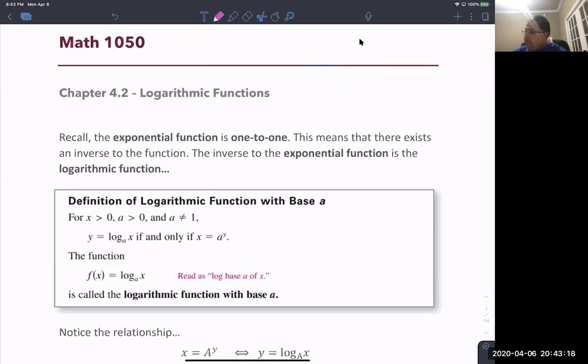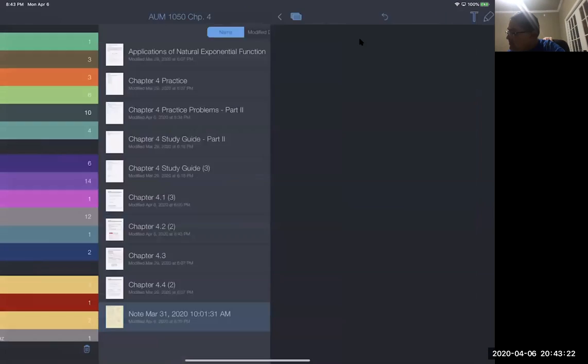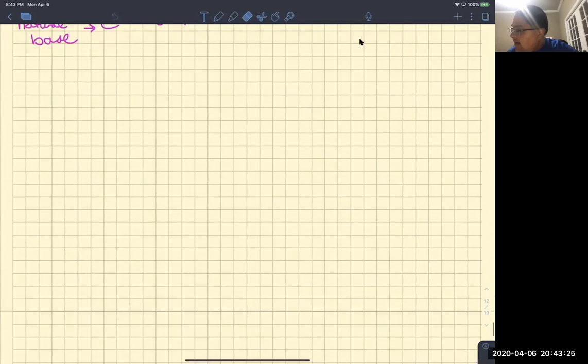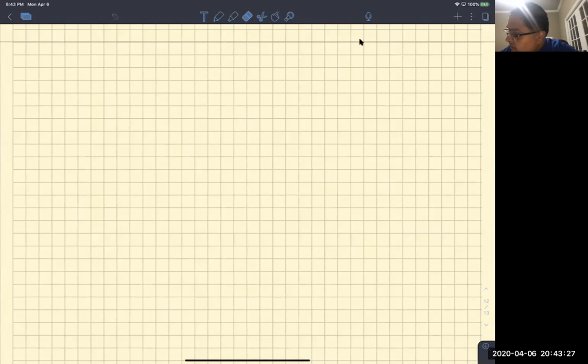And a way to understand that is by looking at it this way. So we talked about the example y equals 2 to the x. So when x is 4, y is 16. So the inverse function y equals log base 2 of x works like this.